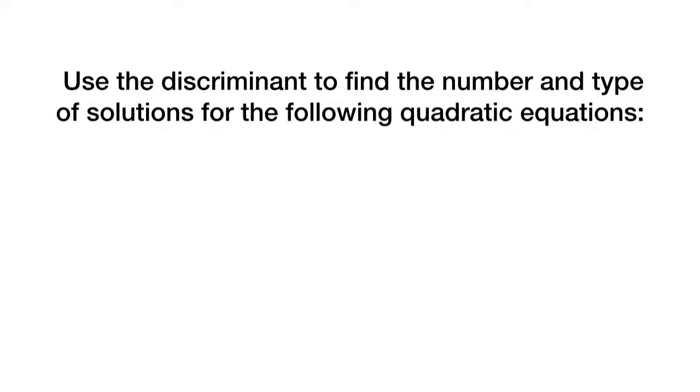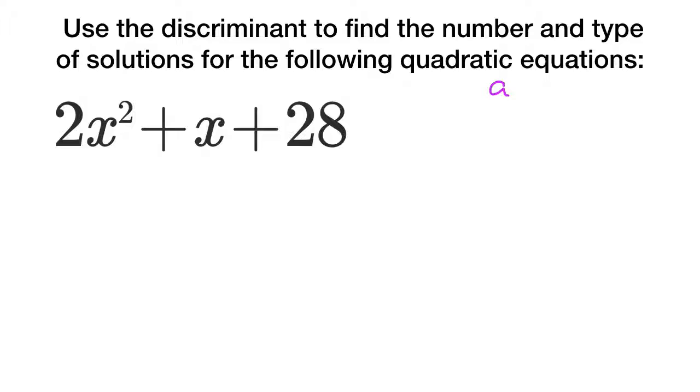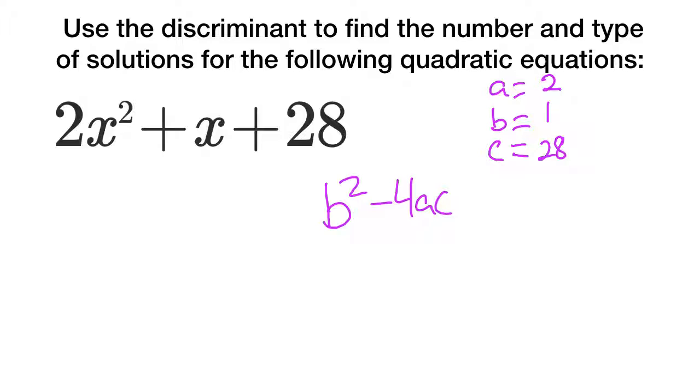So, we're going to use the discriminant to find out the number and type of solutions for the following quadratic equations. So, first thing I have to do is ask myself, what is a, what is b, and what is c? In this case, a is 2, b is 1, c is 28. So, in this case, what I do is I say b squared minus 4ac, so that becomes 1 squared minus 4 times 2 times 28.